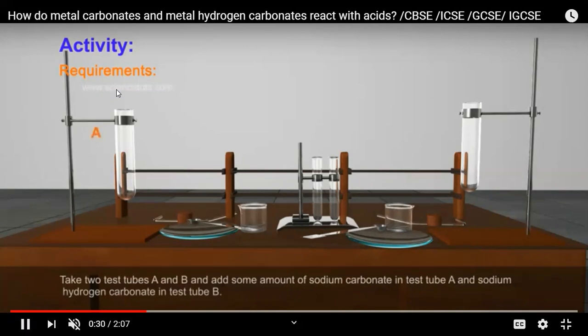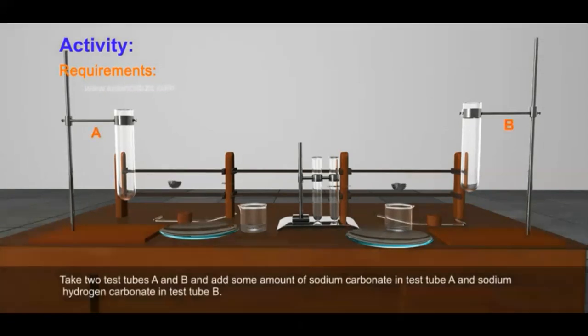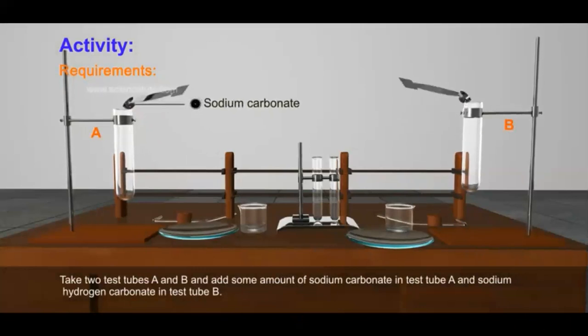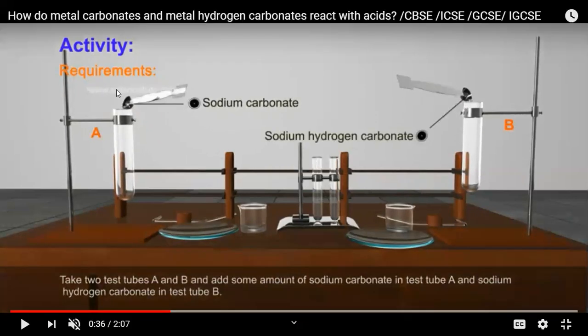So I've taken test tube A and test tube B. Now I'll add a little sodium carbonate to test tube A and sodium bicarbonate, or sodium hydrogen carbonate, to test tube B. The aim of the experiment is to see how metal carbonates and metal hydrogen carbonates react with acids.